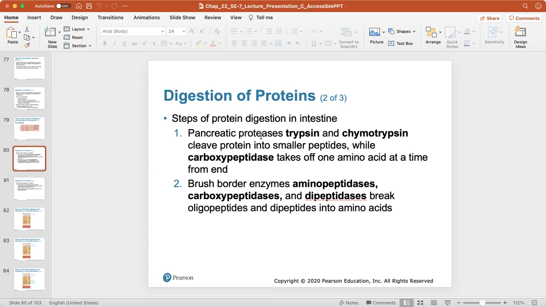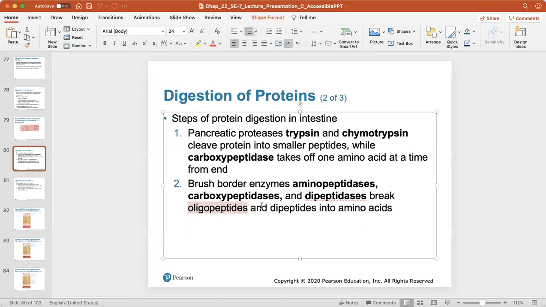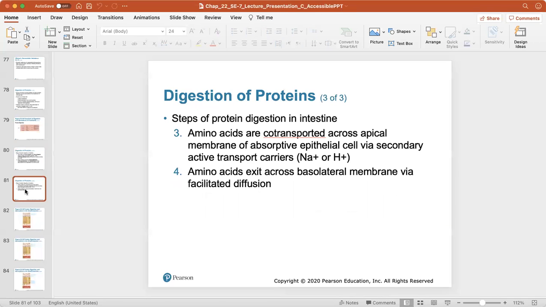You have a brush border enzyme, which helps to break these oligopeptides and dipeptides into their single amino acid component, because the single amino acid component is what can be absorbed through the small intestine.